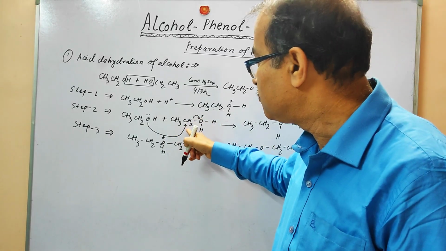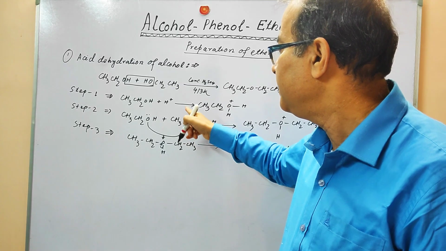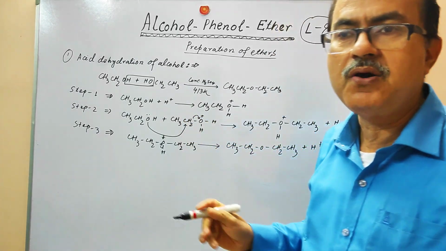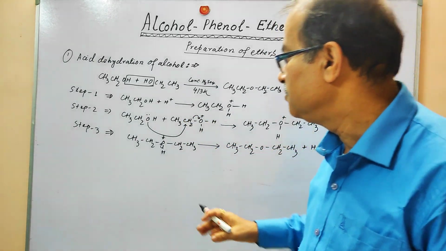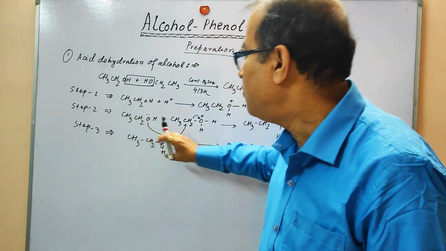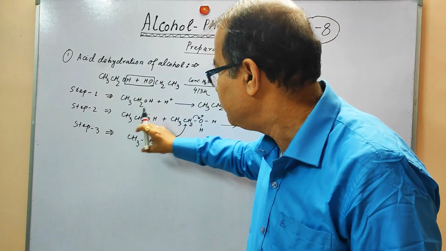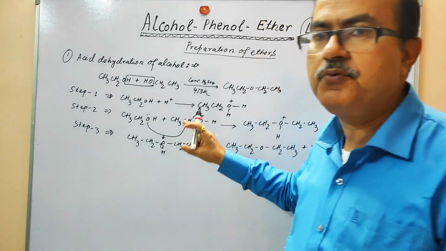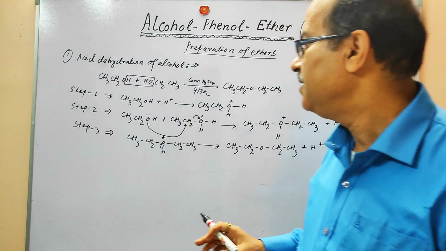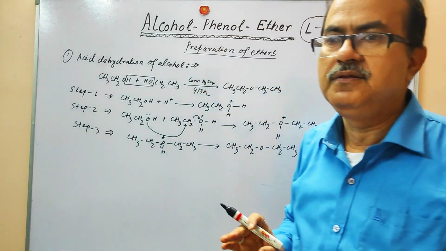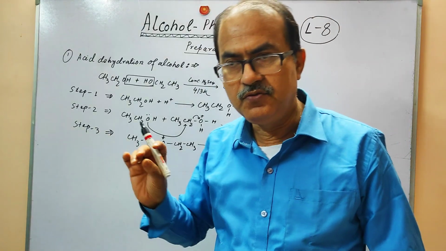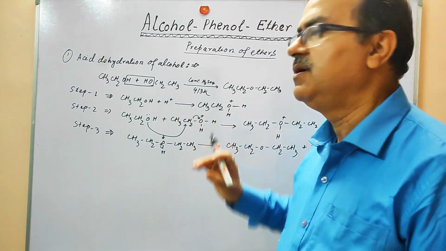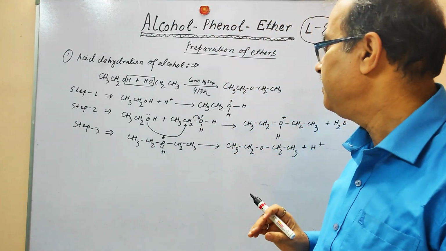When it is a 2 degree or 3 degree alcohol, there will be more CH3 groups. So this alcohol molecule will not be able to approach this carbon atom, and the SN2 nucleophilic attack on this electrophile will not happen.